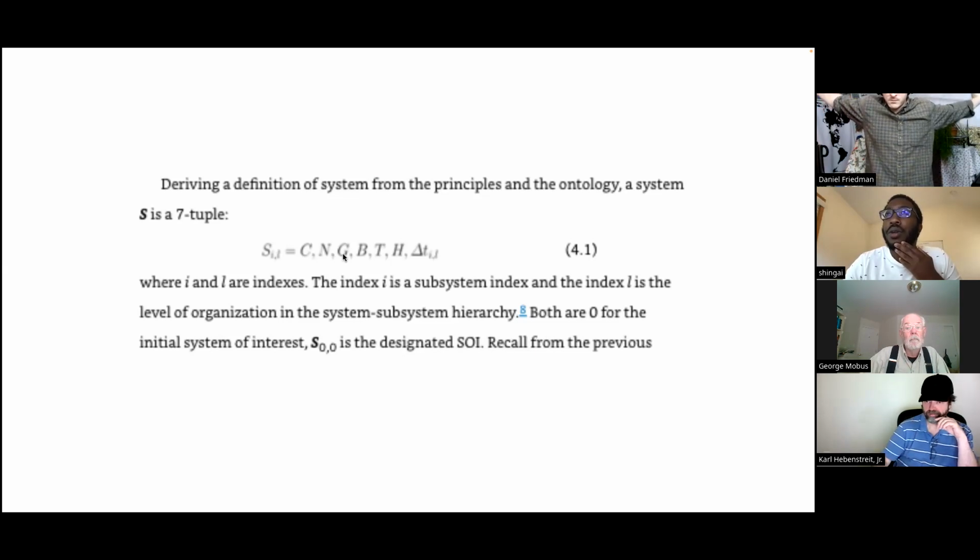G is another graph that represents the interactions between the system's components and its environment. B represents the system's boundaries. T is a set of transformation functions that describes how the system's components turn inputs into outputs. H is a description of the system's state, or the system's memory of all of its states over time. And then t is a time step.